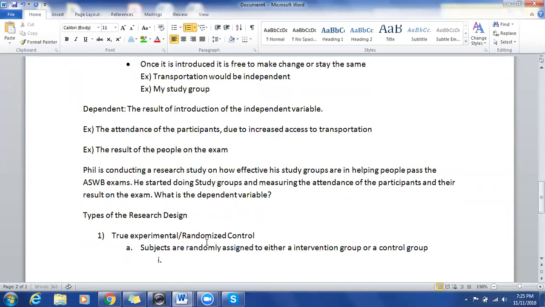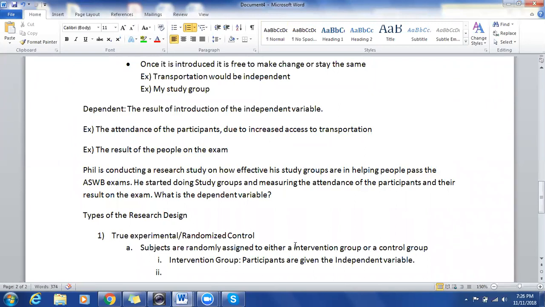And the difference between those is that in an intervention group, participants are given the independent variable. If you think about doing an intervention as a clinician, you're introducing something. So the intervention group are the people that actually get the intervention or the independent variable.